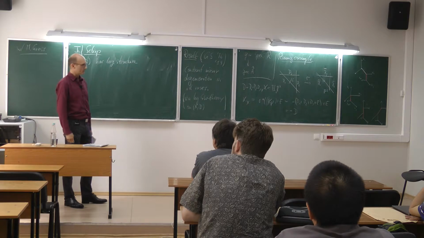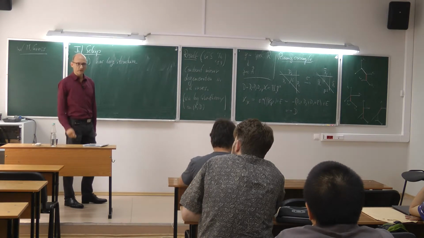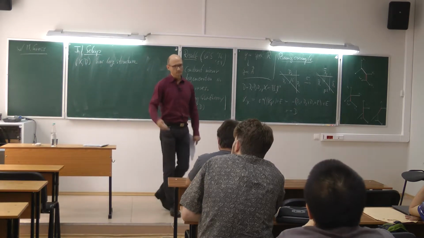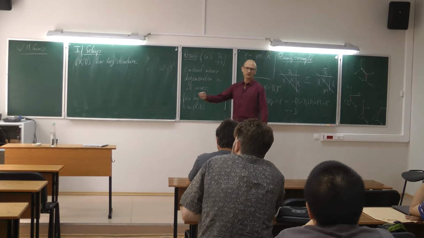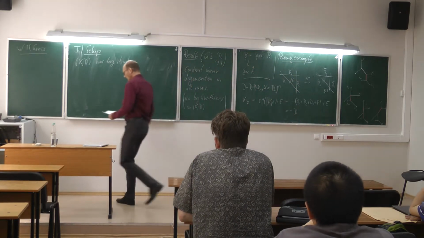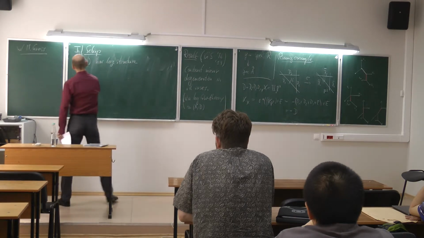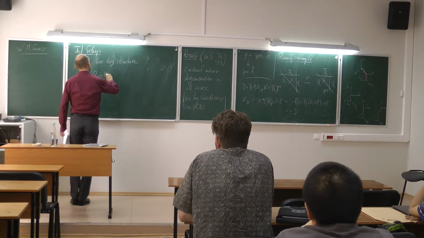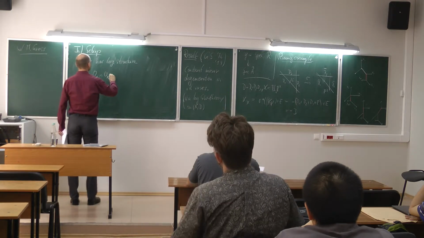I think that's a very nice construction and fits well with all kinds of things you want to prove: homological mirror symmetry, counts of curves, variations of Hodge structures, and so on. Okay, so the log structure in this case can be written down very easily. It's a sheaf of monoids.